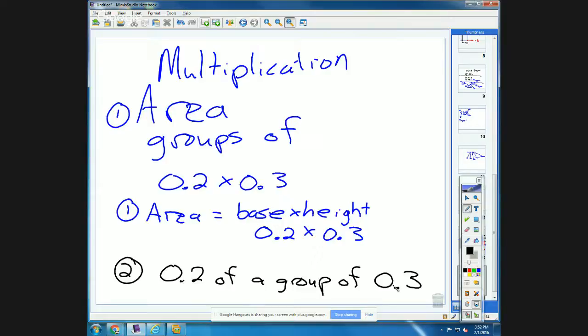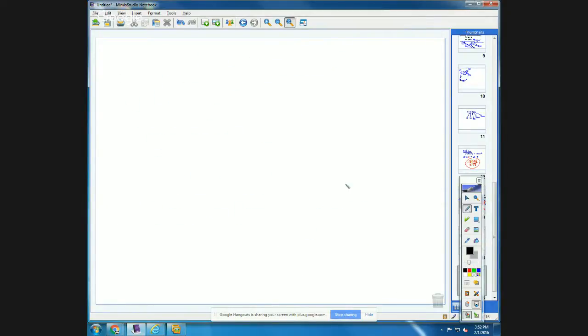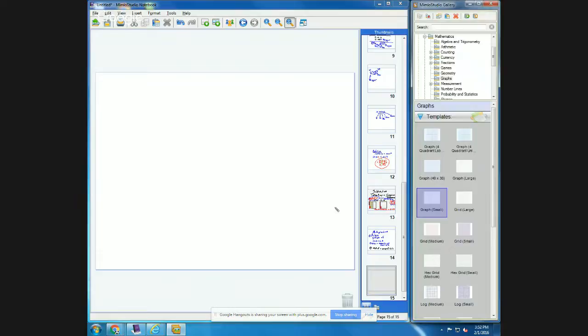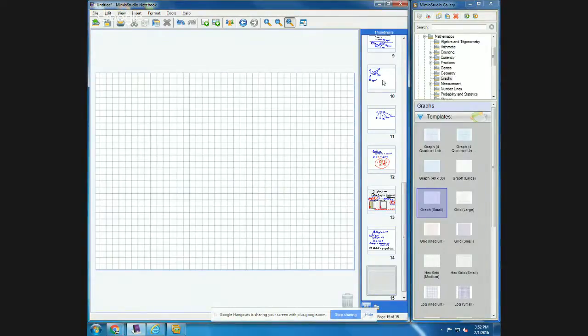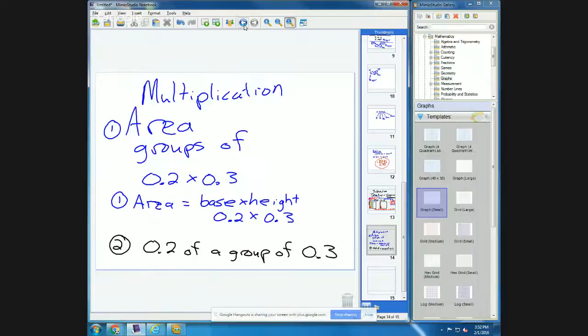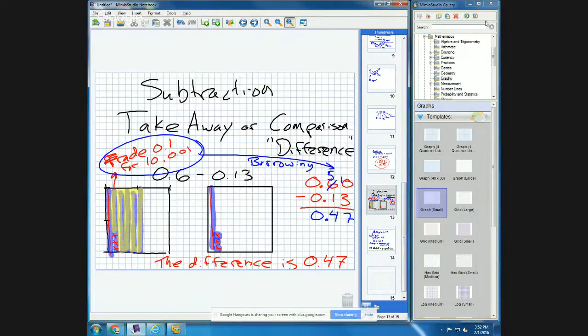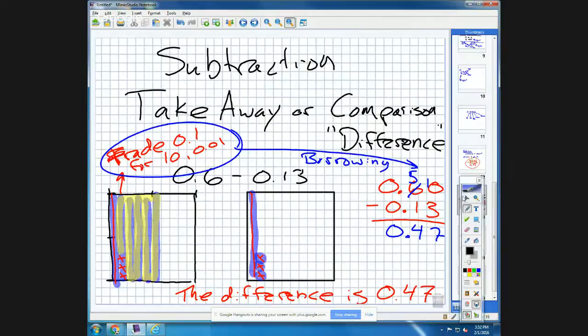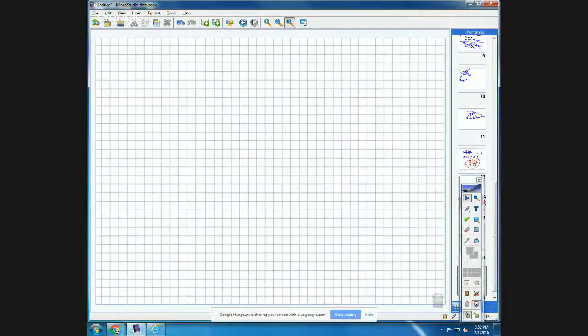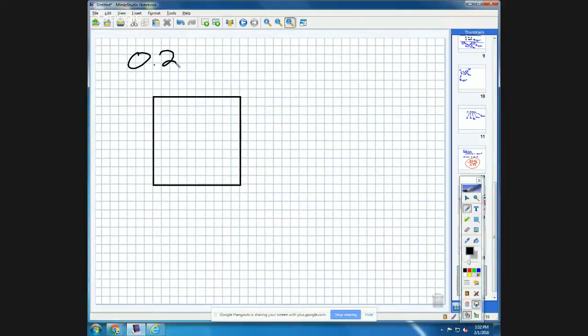We're going to need our graph paper to do this. I'm going to go for the area first. Graph paper. Let's copy this rectangle right there. So again, I'm trying to draw an area with a base of 2/10 and a height of 3/10.